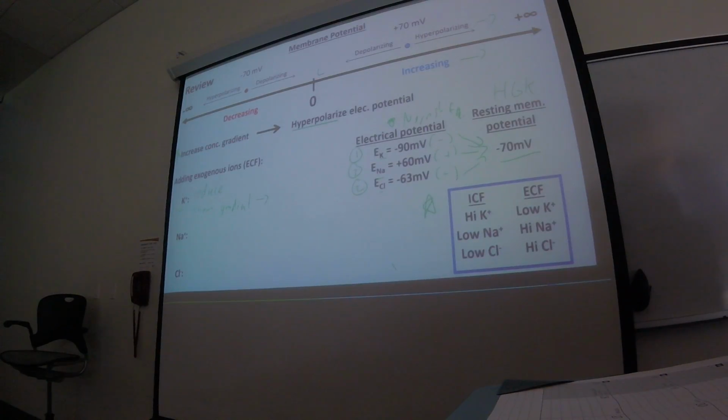So let's look at this. The electrical potential of potassium was negative 90, right? So somewhere here, let's say. And we're depolarizing it, so we're moving it in this direction. And what that's going to mean for our resting membrane potential is it's going to get less negative. So for the overall membrane potential, it's going to get depolarized.